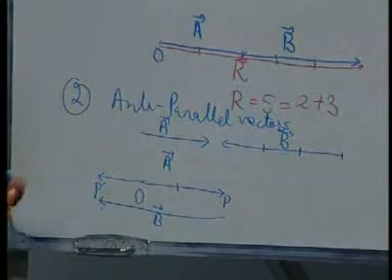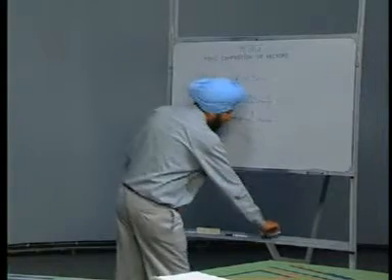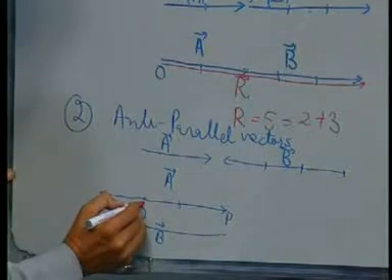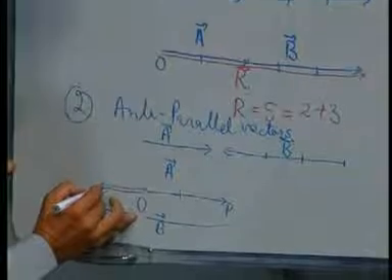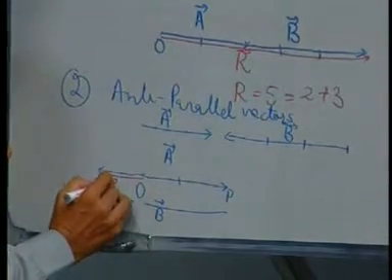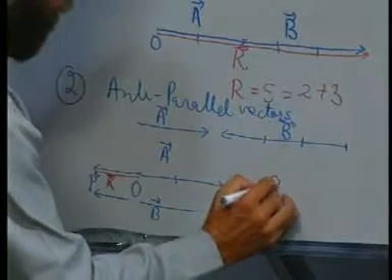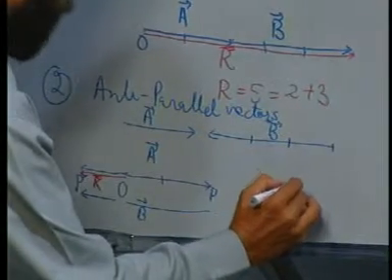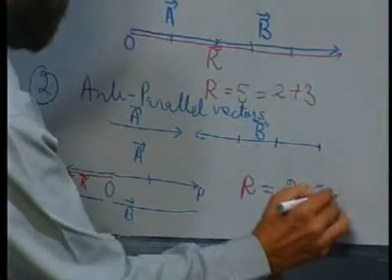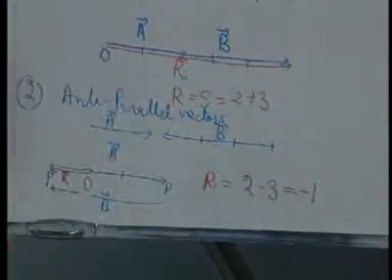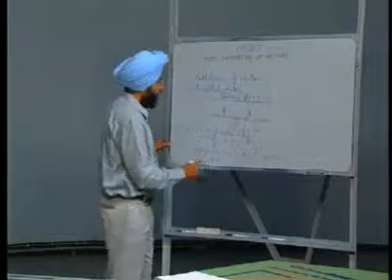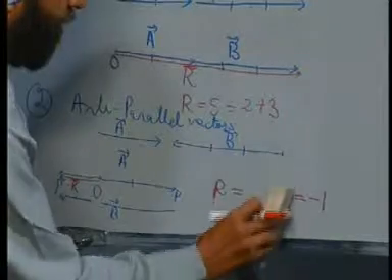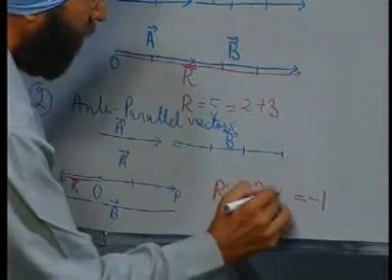So, what is the result? The end result is we have moved from A to B. Magnitude of R is 2 minus 3, which is equal to minus 1. Magnitude is 1, direction is opposite, and the magnitude we take as the positive difference.